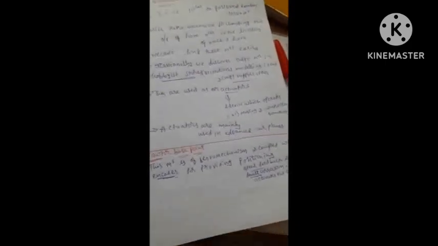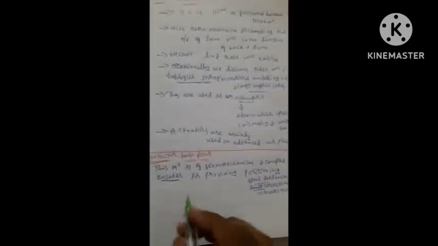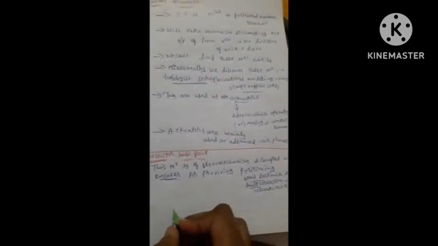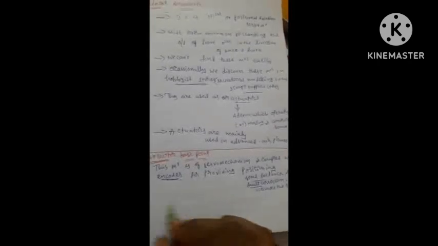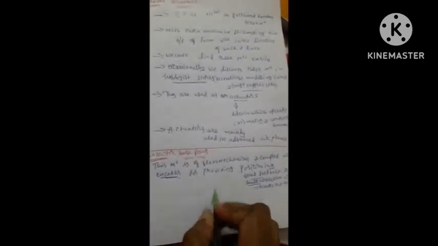The next point regarding the servo motor is the basic characteristic: output torque is directly proportional to the applied voltage. That means if there is a high torque, there must be a high voltage.